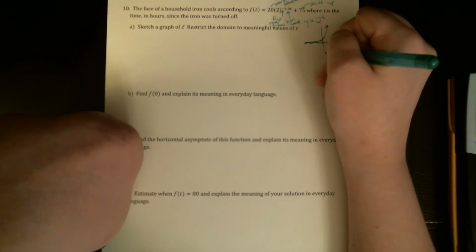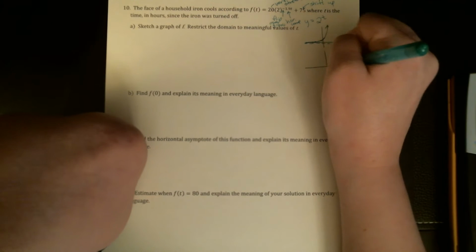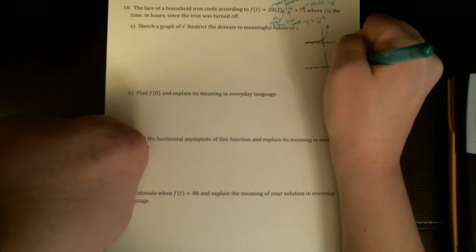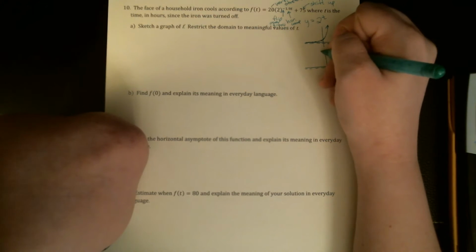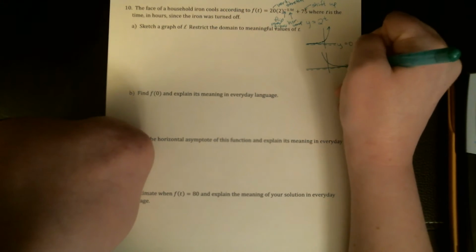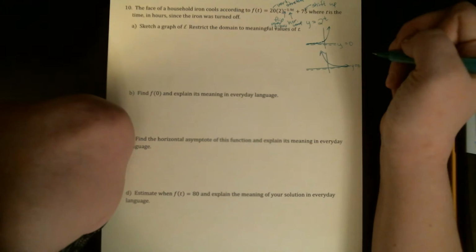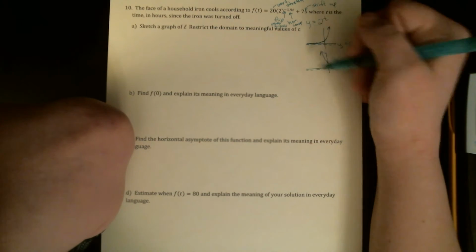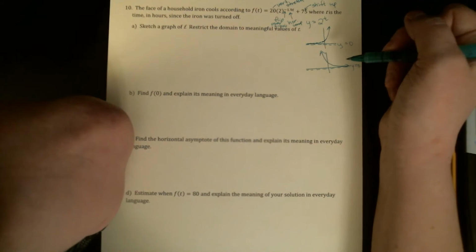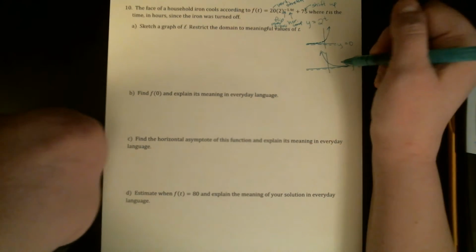The flip does change the general picture in my head. So a flip across the y-axis doesn't change the horizontal asymptote, but it will flip-flop me going this way. That looks a little skewed, but that's okay. The general shape is now it's decreasing to its asymptote. And the last thing I have is the shift up 75.